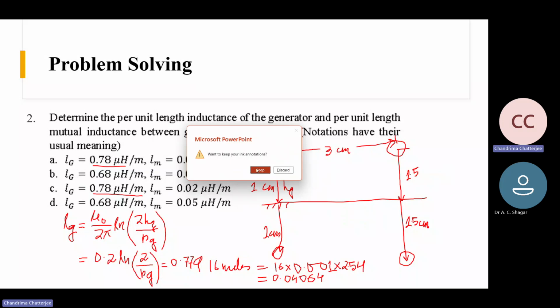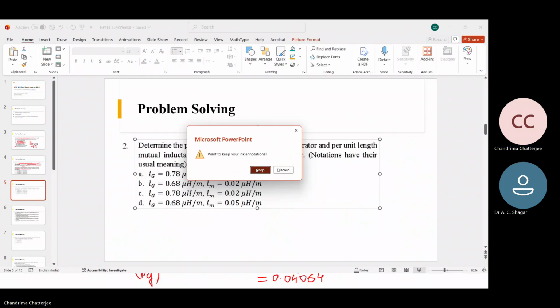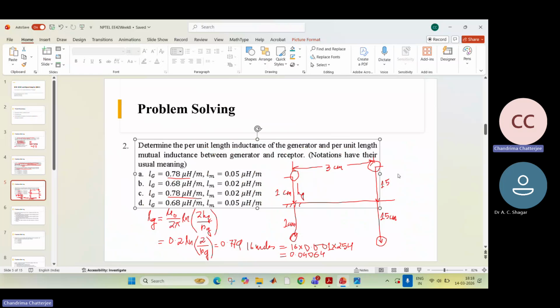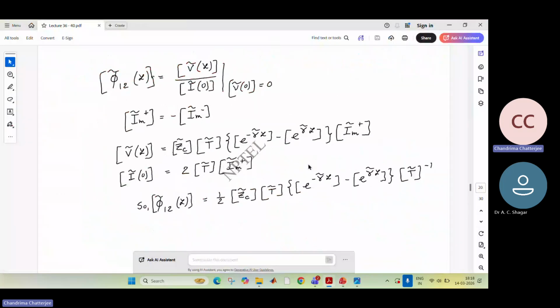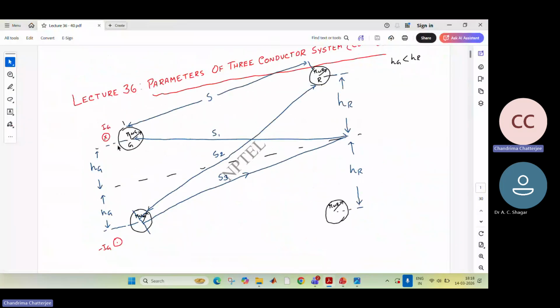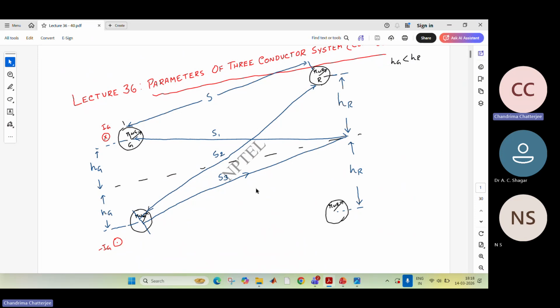I will just show the lecture notes once so that we can understand. See, this is the scenario. Two conductors are there, generator and receptor, and the image conductors. What I just showed you, right? So the self inductance we already calculated.